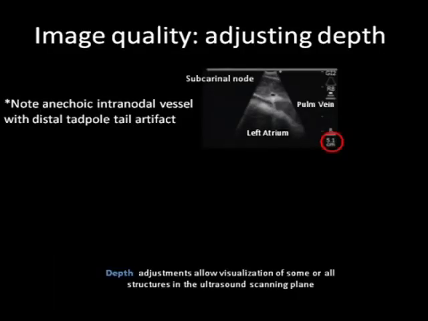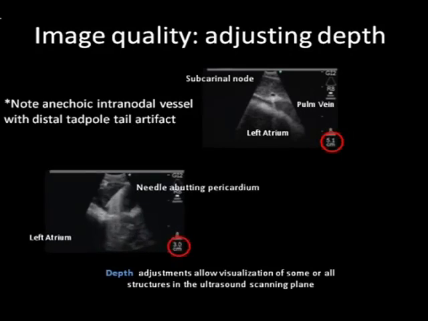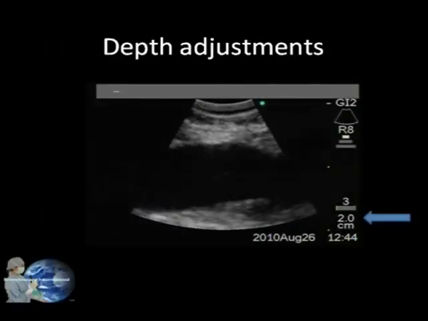Depth of penetration can be adjusted depending on specific needs to visualize structures that are adjacent to or at a distance from the transducer. Here is an example of depth adjustments.